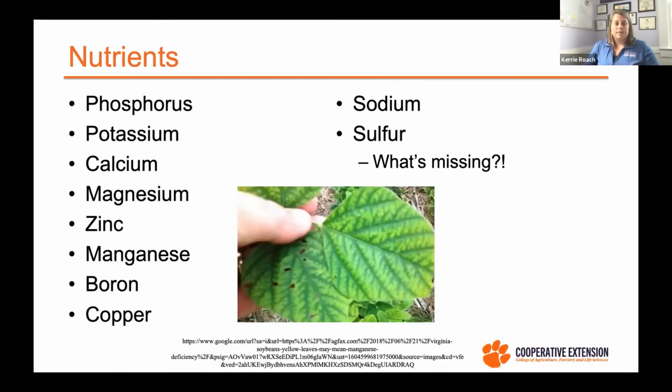So Shannon talked before about all the things that they test for, but there's really one big one that they don't. And she made a point to tell you that they don't test for nitrogen. Like she said, it is so quick and mobile in the soil that by the time they test, the levels will probably be different.